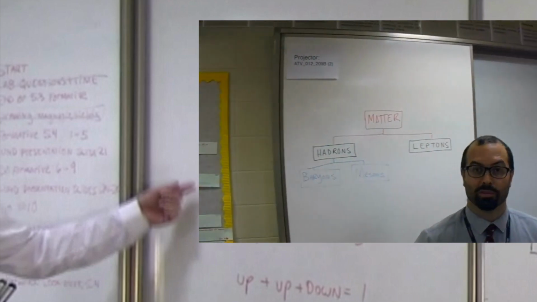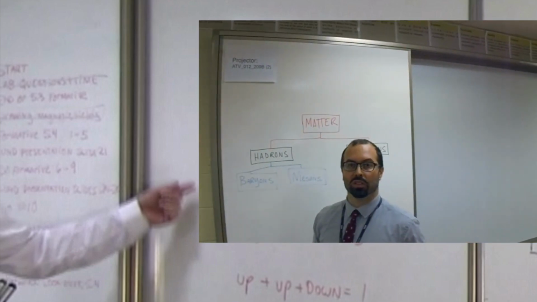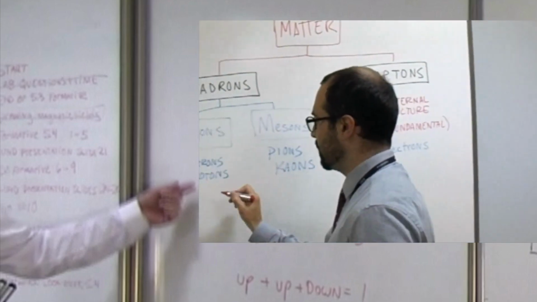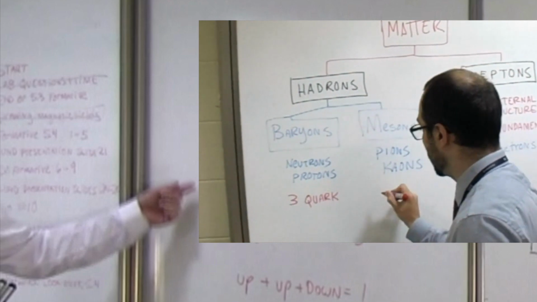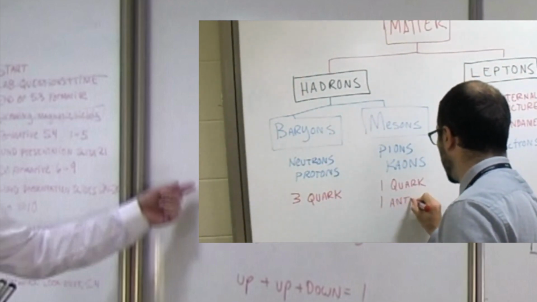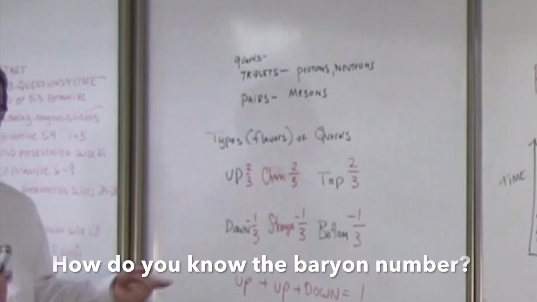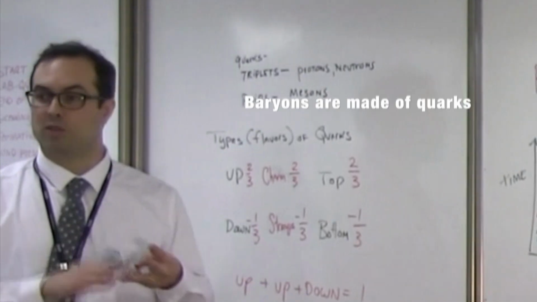And baryons might be familiar to you. Baryons are the ones that we know of as neutrons and protons. Baryons are made of 3 quarks, and mesons are made of 1 quark and 1 antiquark. Anything that's made up of quarks, including protons, neutrons, and also those mesons.